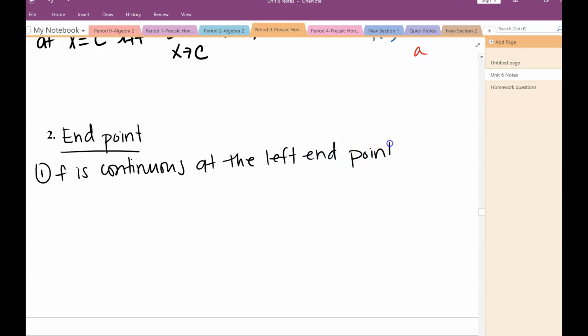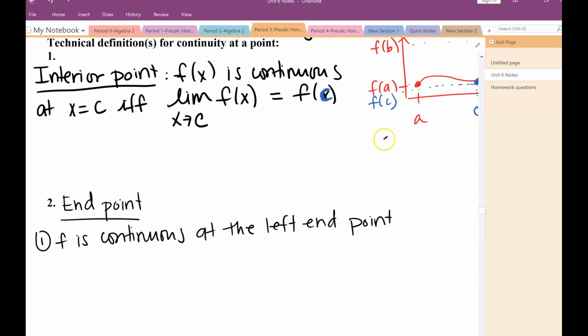In this case, based on our picture, the left side is A. So x equals A if and only if the limit as x approaches a from the right of your function, which is the red curve, equals its algebra value, f of a.